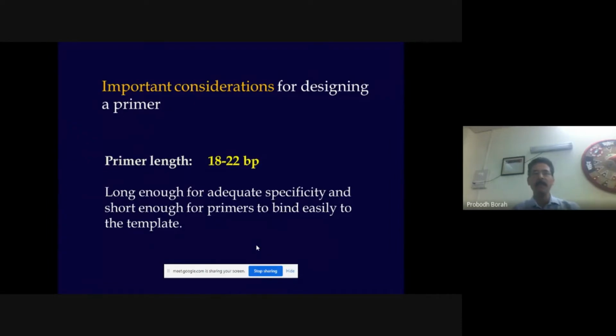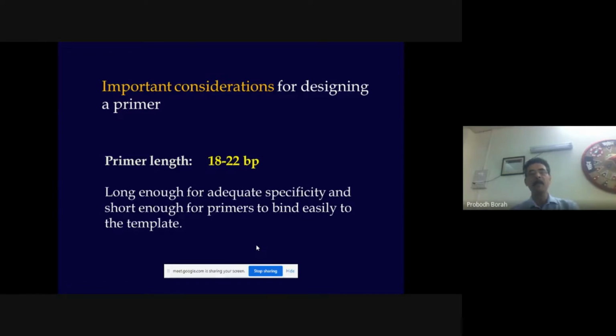Because genome sequence is several thousand or millions of nucleotides containing nucleotide sequence. So within that millions of nucleotide sequence, there may be some regions where the short sequence of the primer may be matching. So there will be several positions in which the primer will bind.